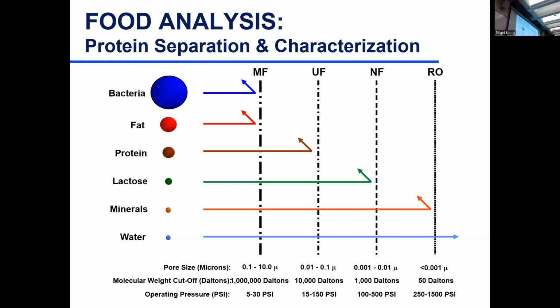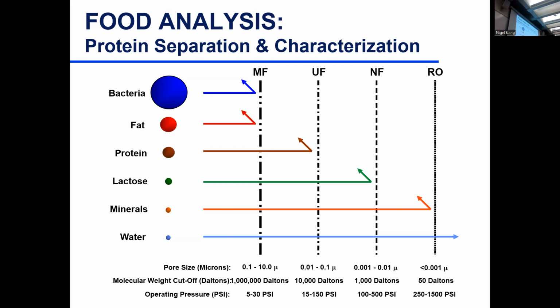If we use ultrafiltration, then one application of ultrafiltration is for production of protein isolates, like whey protein isolate, casein, beta-lactoglobulin, alpha-lactalbumin. So if we want to produce protein isolates, then we can use ultrafiltration. The pore size is between 10 to 100 nanometer, and protein is the retentate phase. Lactose, minerals, water can pass, and so they are permeate.